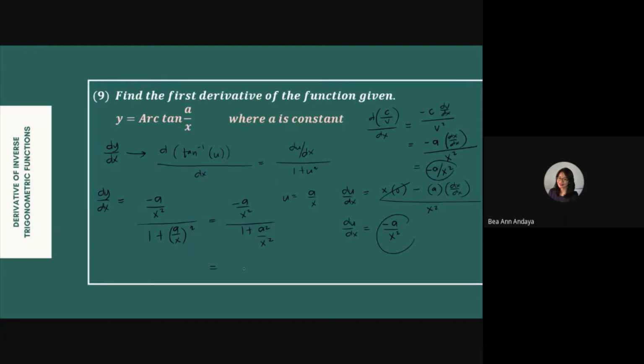You can also rewrite that as negative a, bababa yung x squared sa denominator, and this one is rewritten as x squared plus a squared. So as you can see, x squared will cancel out, leaving us with negative a divided by x squared plus a squared. That is now the final answer for the derivative of this particular function.